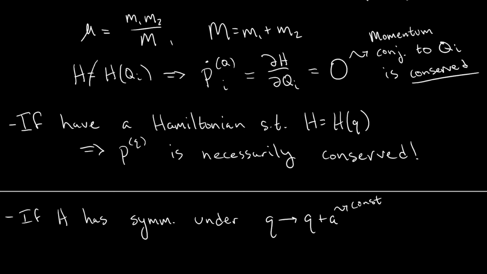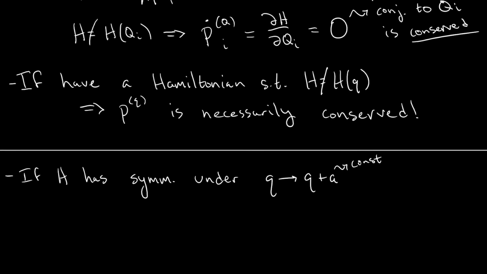So again, just a constant shift. We know this constant shift is never going to affect the kinetic term, so all the other dependencies are going to show up in the potential energy. So if this shift doesn't actually affect H, then it's the same thing as saying that H doesn't depend on Q. So if our Hamiltonian has this symmetry, this necessarily means that, again, P_Q is conserved.